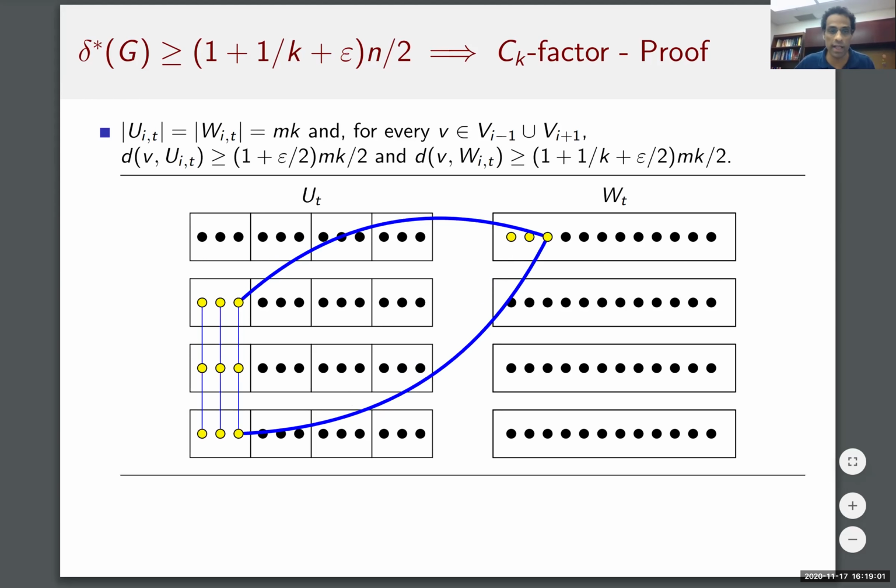So I can greedily find distinct common neighbors for each one of these. Remember, these parts are just size m, and the common neighborhood here was m. So we can greedily complete these into transversal C4s in this case.